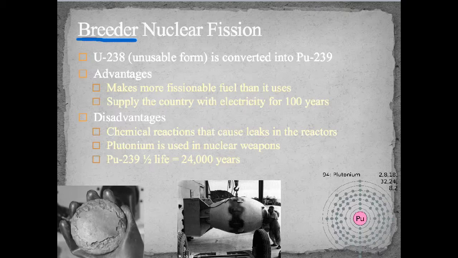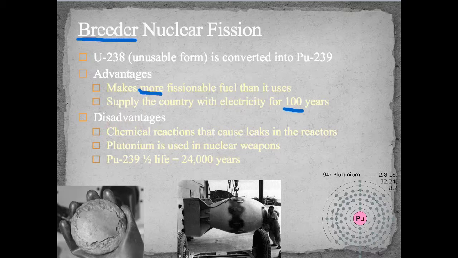It's 235. And what is the process called when you take 238 and turn it into 235? Enrichment. Very good. So going back to a breeder, the advantage is that it makes more fissionable fuel than it uses, and it could supply the country with electricity for 100 years.